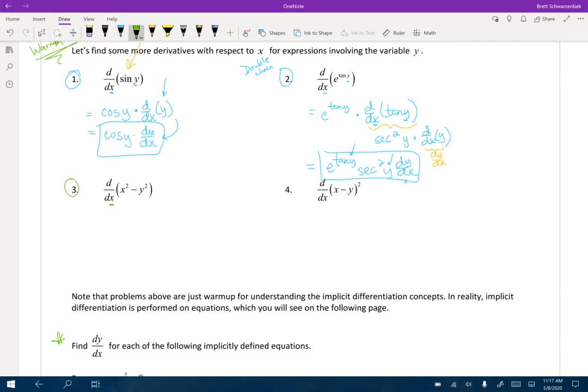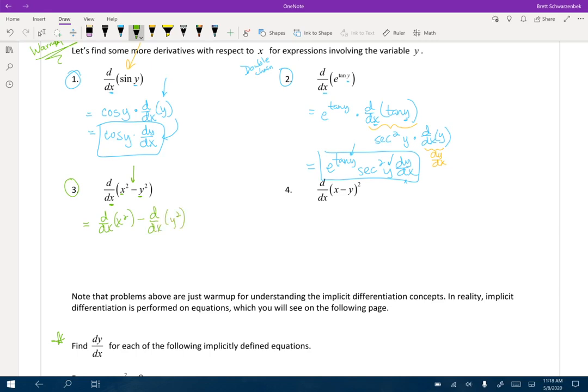We actually do have a variable of x, but we also have a variable that's not x. First things first, every one of you knows that if you have a difference, you can find the derivative of each piece separately. Just like that.